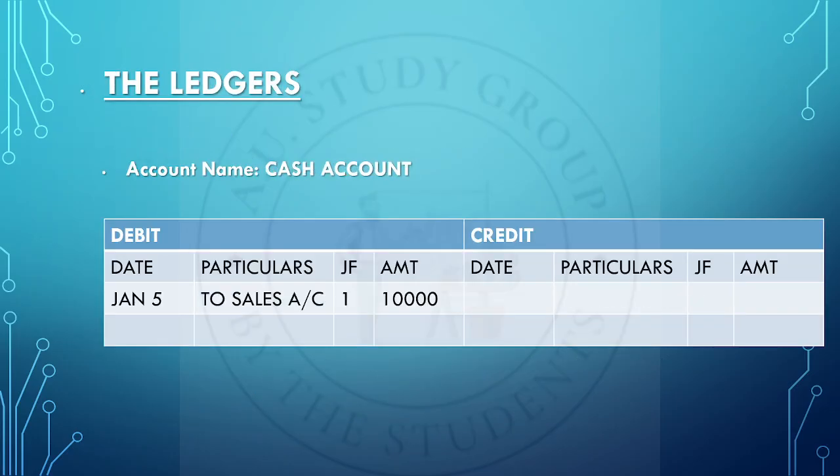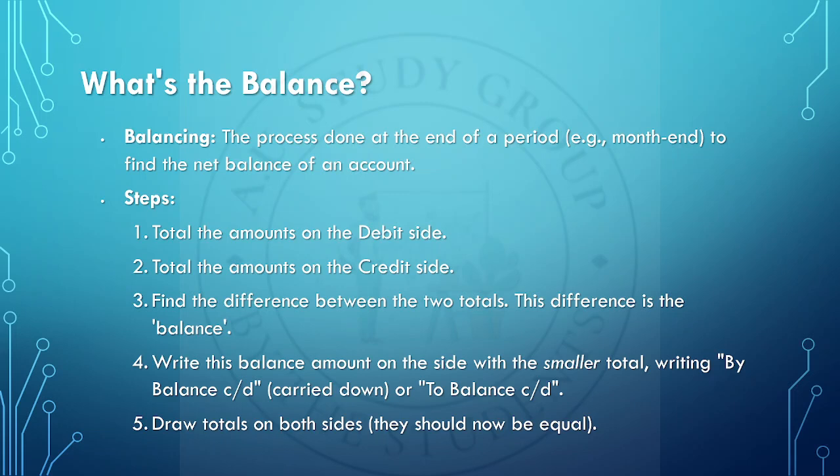For example, on January 5th there was a sale, on January 6th I purchased something, on January 7th again a sale, but this only shows debit and credit amounts, so we need to balance it. At the end of the period, we need to figure out the net result for each account. That is called balancing.